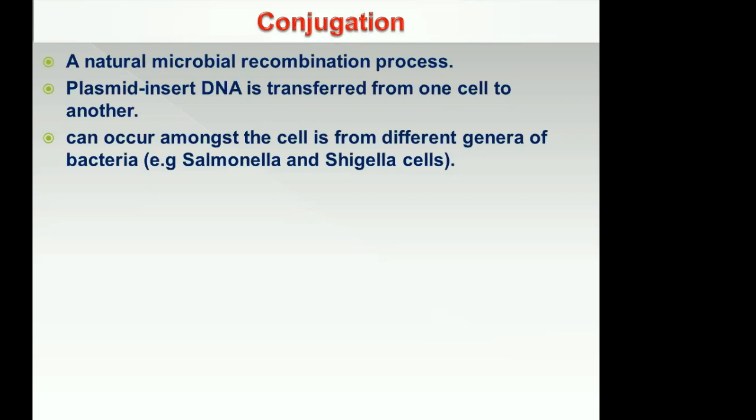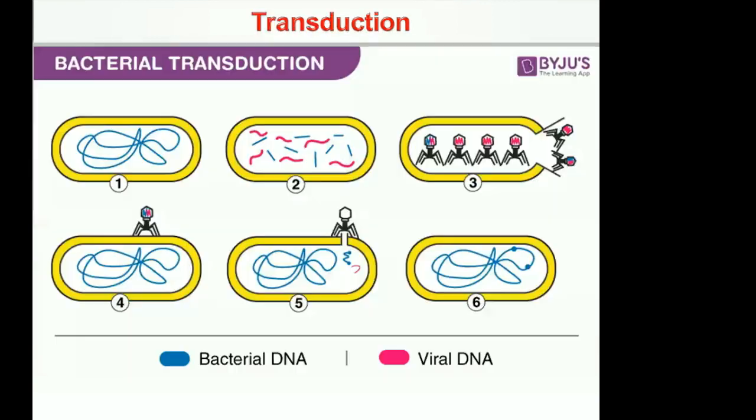In this method, the physical contact of the cells is necessary. The third method is transduction. This is just a revision of the bacterial transduction we have studied earlier. You can see in the first image the bacteria and the bacterial virus, which has initially infected the bacterium.